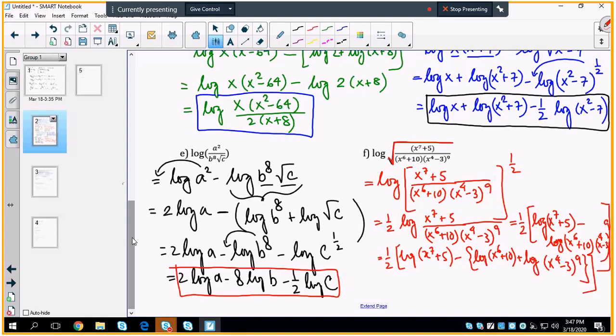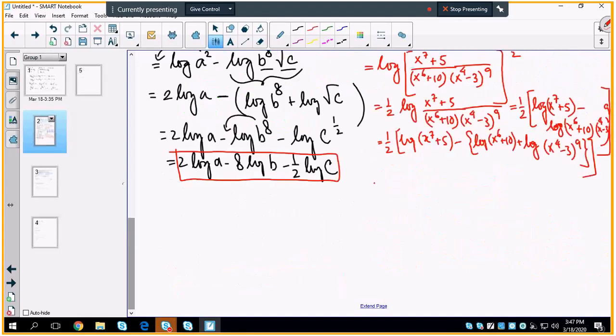Finally, I will do a bunch of distributions. So I will say this is 1/2 times log of x to the power 7 plus 5 minus, getting distributed, log of x to the power 6 plus 10 minus log of (x to the power 4 minus 3) whole to the power 9.